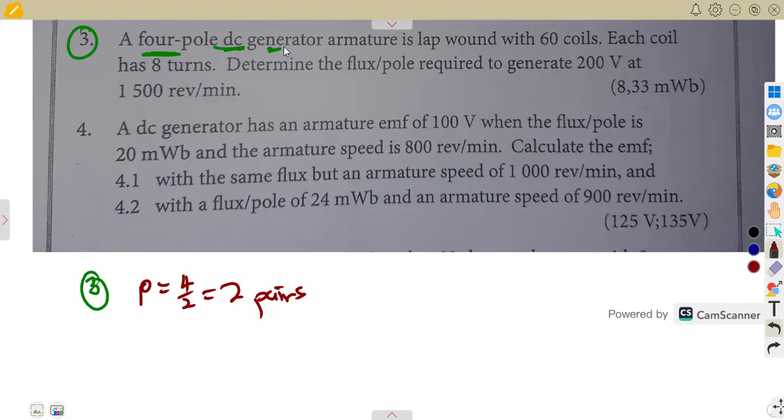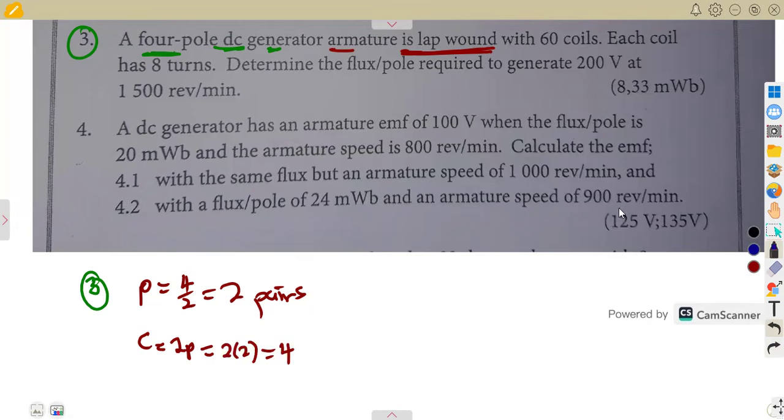Then we are given it is lap wound. For a lap, we know that C is equal to 2P. So if we multiply 2 times 2, because our pair poles is 2, 2 times 2 is going to be 4.